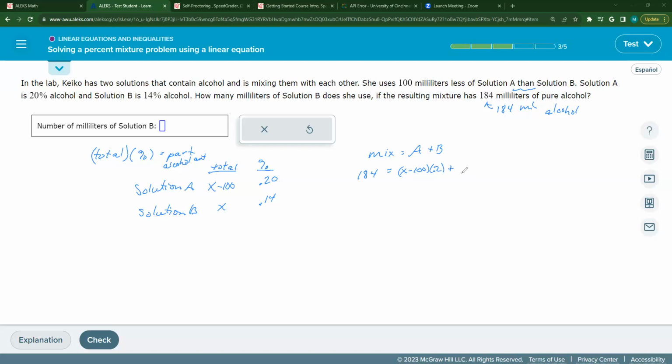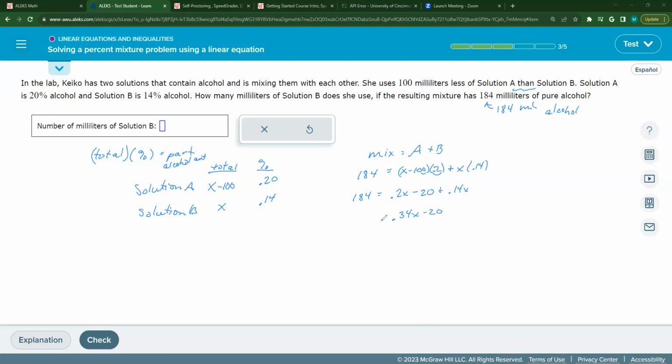So plus X times 0.14. All right, so we have 184 equals 0.2x minus, this is going to move 1, so this is 10 times 2, which is 20, so minus 20 plus 0.14x.